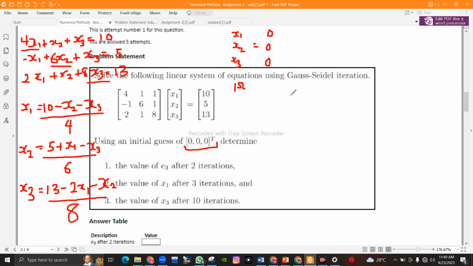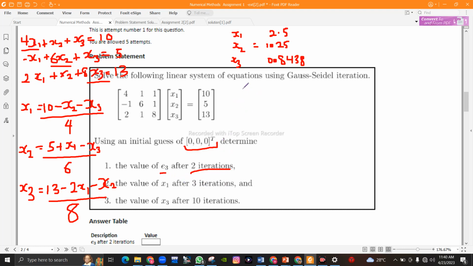So after the first iteration, we got our x1 to be 2.5, our x2 to be equal to 1.25, and our x3 to be equal to 0.8438. Now, let's go to our second iteration. We have to calculate the error after the second iteration. So we calculate the error, and it is error 3, as I was explaining earlier.